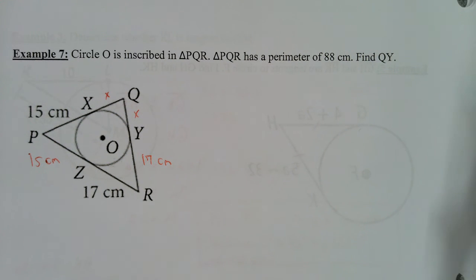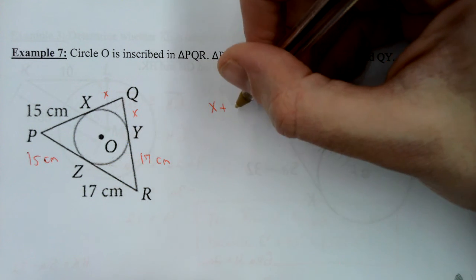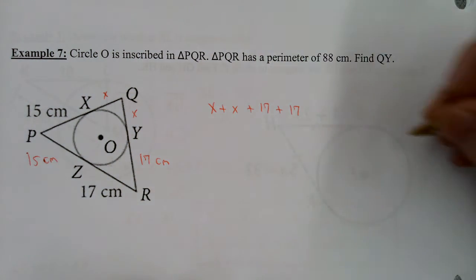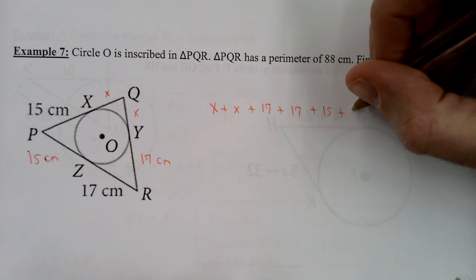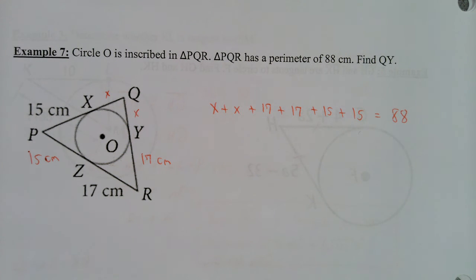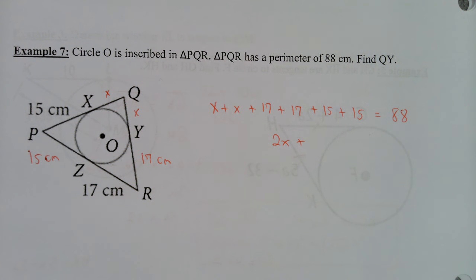So here's what I'm going to do. I'm going to do x plus 17 plus 17 plus 15 plus 15 equals the perimeter, which is 88. Combine like terms. x plus x is 2x. 17 plus 17 plus 15 plus 15 is 64.